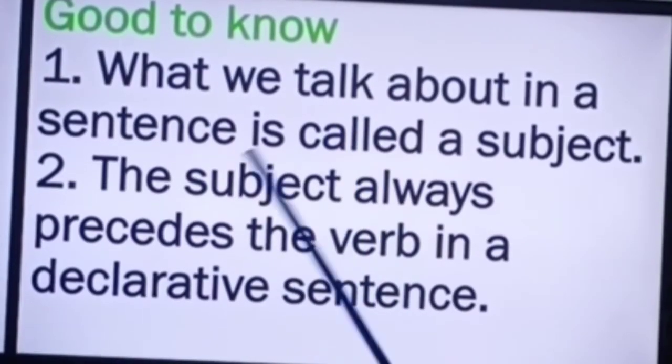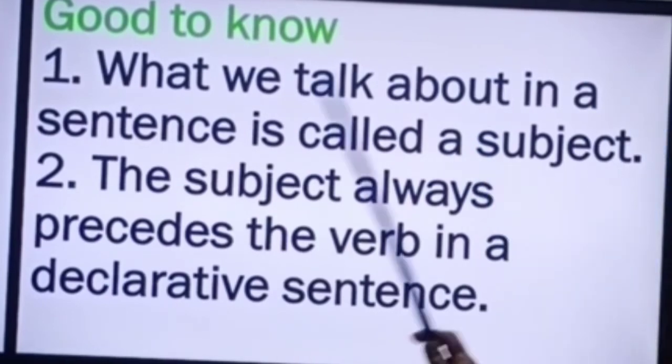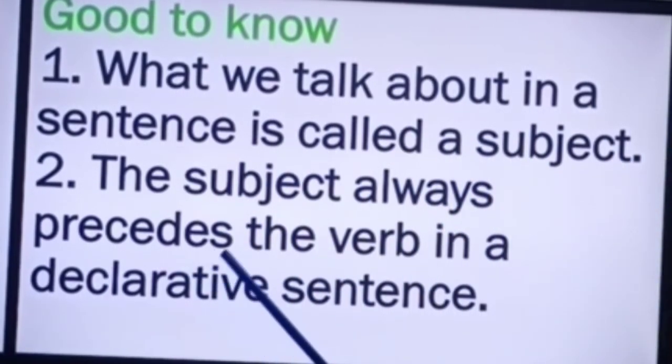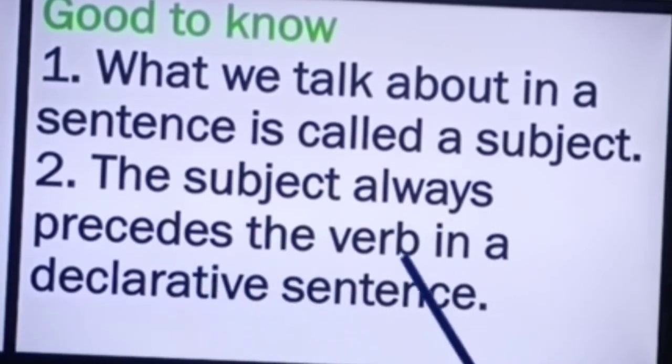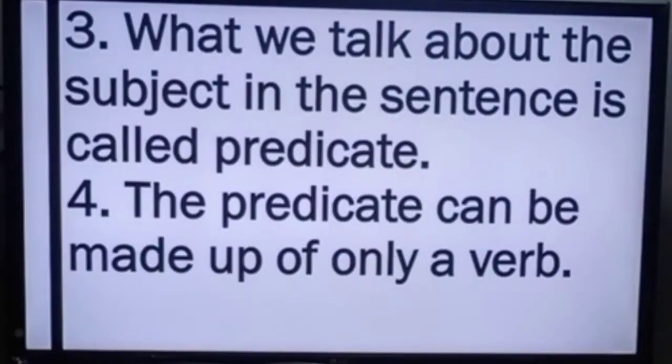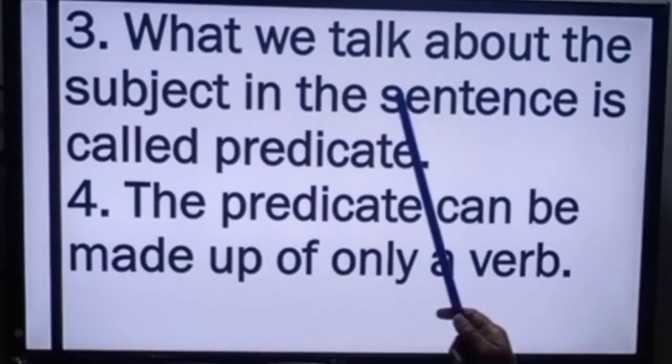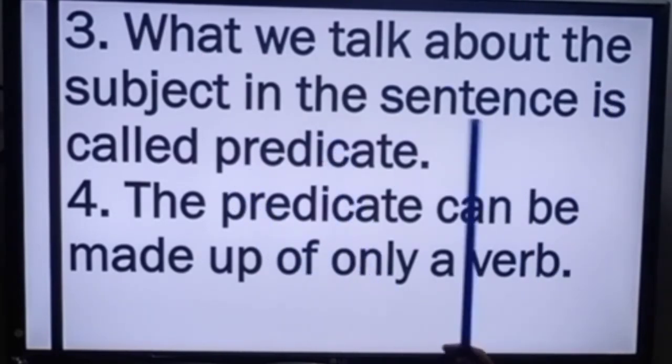Good to know. What we talk about in a sentence is called a subject. The subject always precedes the verb in a declarative sentence, right? What we say about the subject in the sentence is called the predicate.